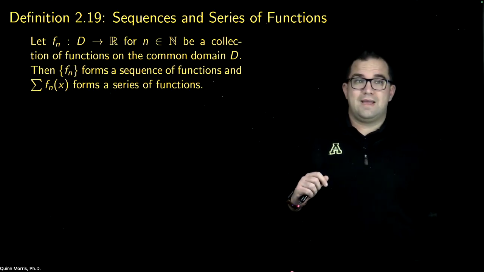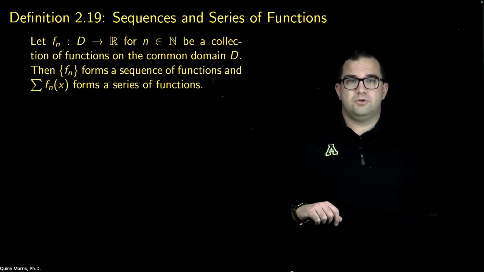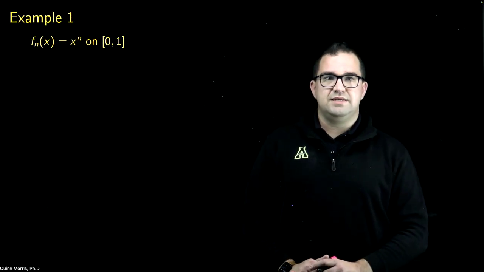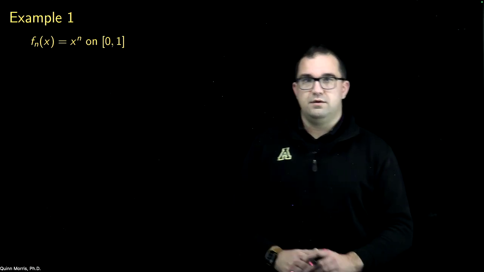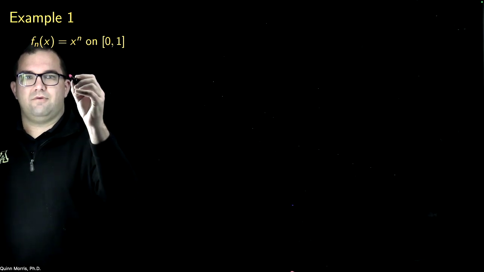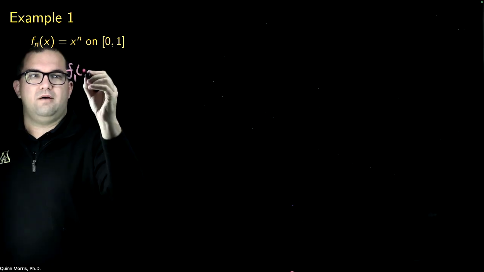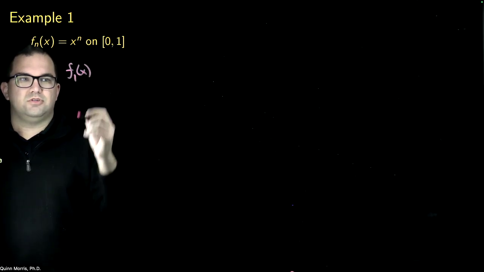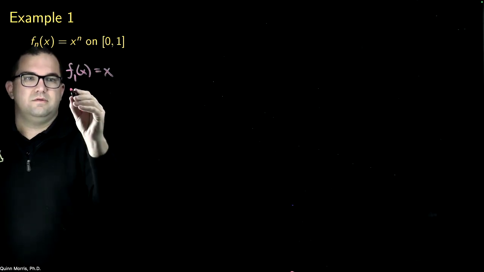So as I said, we're going to look at three examples in this video. The first example I want to look at is simply f sub n of x is equal to x to the n on the set [0, 1]. Again, just to go back and think about exactly what that definition is saying: I have a first function, f sub 1 of x, and this expression is telling me that that function is just defined to be x to the first, or just x.